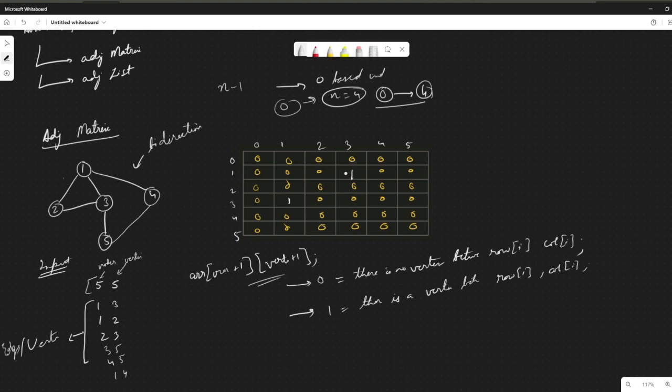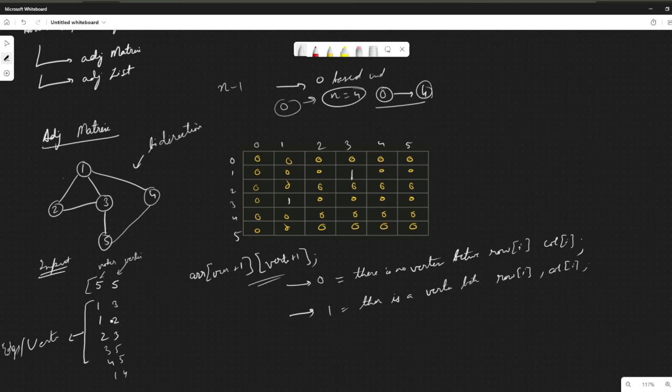This is bidirectional, so we have to set both indexes, 1 3 and 3 1, because we can go from 1 to 3 and 3 to 1 also.